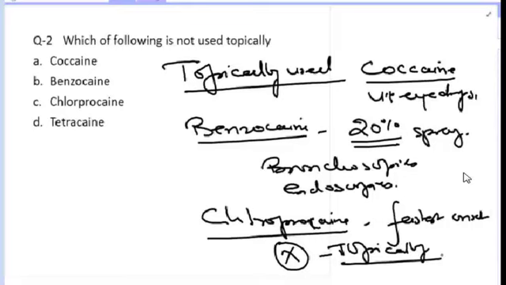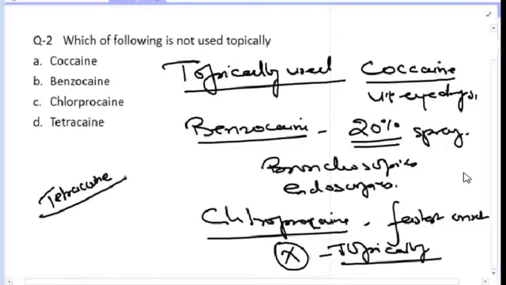Now, then tetracaine. Tetracaine is used as a 0.5% solution topically. It is also used for spinal anesthesia.